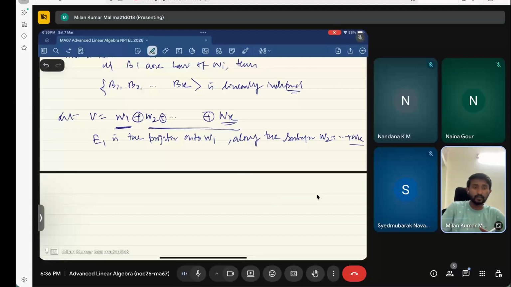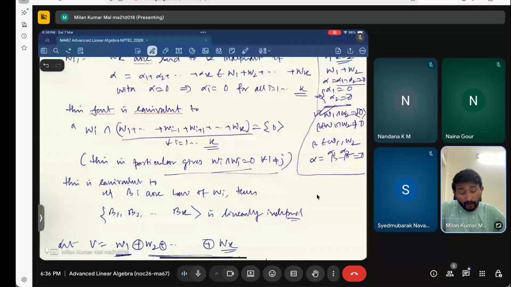Similarly, for each i, Ei will be the projection on Wi along the subspace W1 plus W2 plus Wi minus 1 plus Wi plus 1 plus up to Wk.